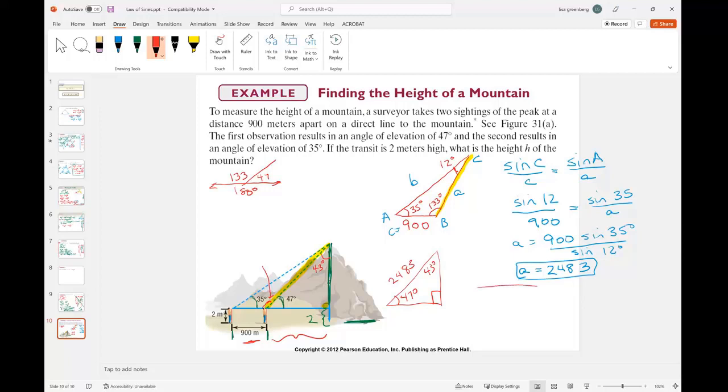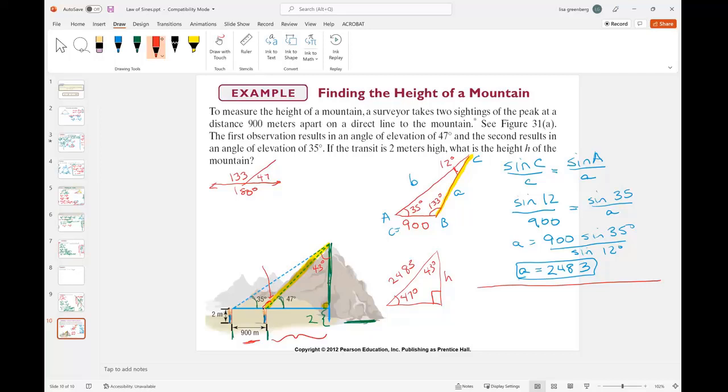Now, do I need to use the law of sines again, because what am I trying to find? I'm trying to find H. So do I need to use the law of sines here? I would say yes. Okay, and I'm going to say no. You could use the law of sines, I'm not saying you couldn't, but we already know everything we need to know about right triangles in a much simpler way, right?